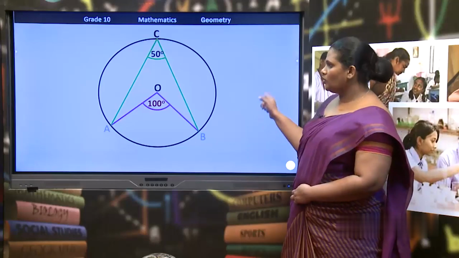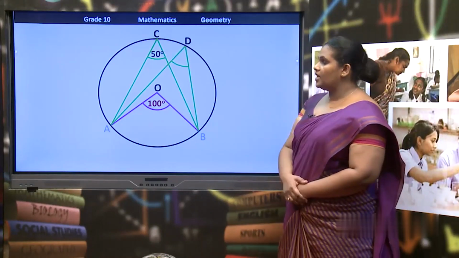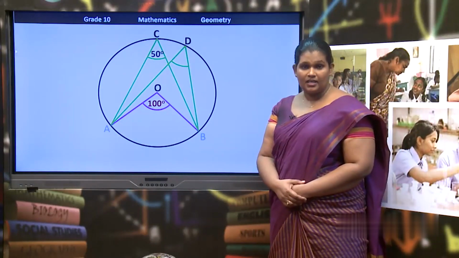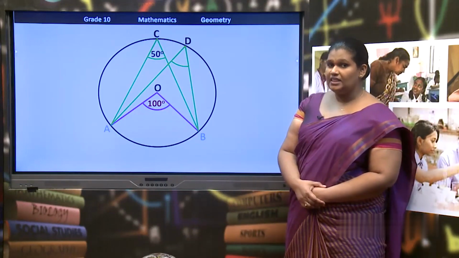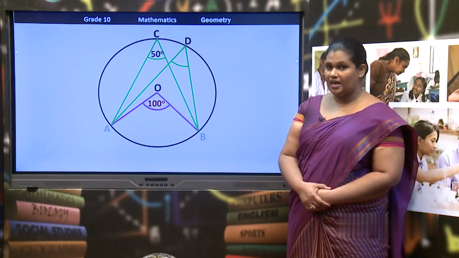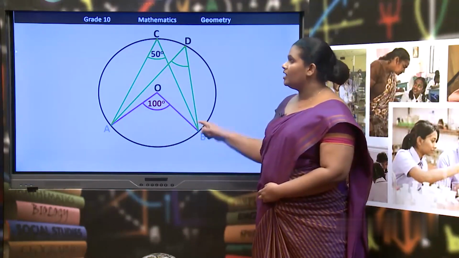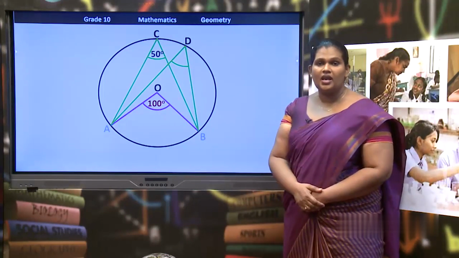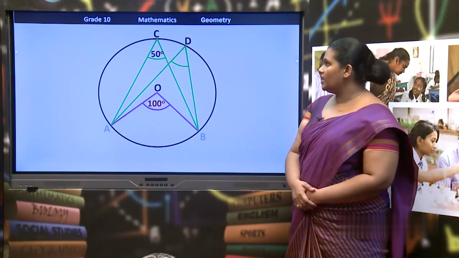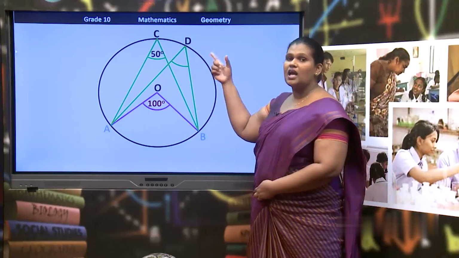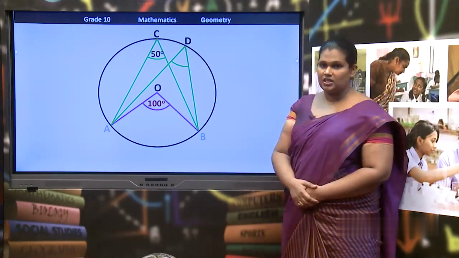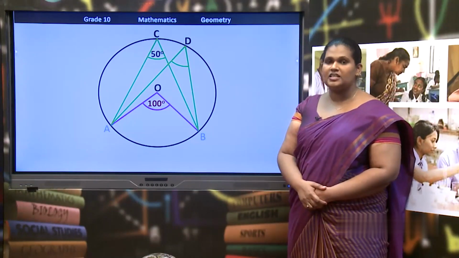Right. Now, I am going to consider about another angle. Once again, this is also subtended by the same minor arc AB. Once again, at the remaining part of the circle. Now, here I have got D in another point on the circle, that means remaining part of the circle.